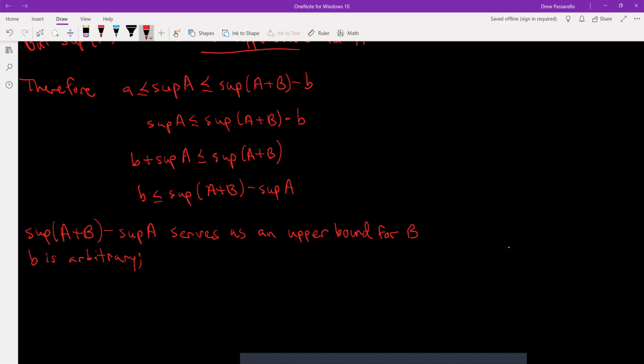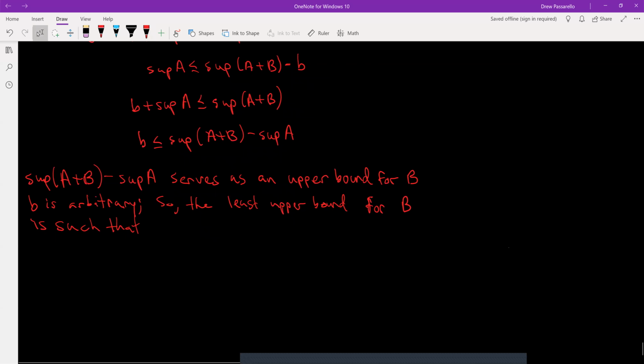So the least upper bound for B is such that we have B less than or equal to the sup of B. Since it's the least upper bound, then it is less than or equal to this other upper bound.